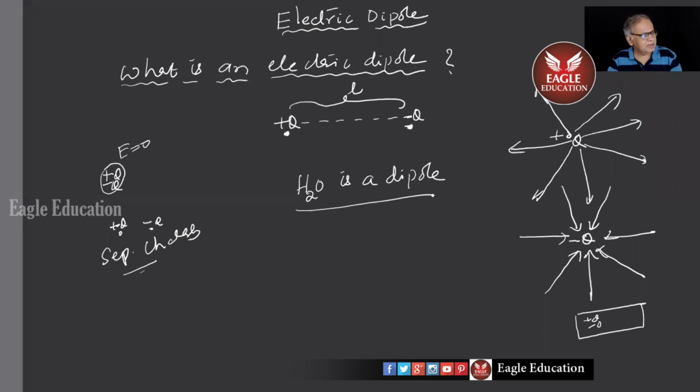Tell me again. During the electrolysis of water, why should charges are separated. You mean to say if I have a glass of water, that H2O is not a dipole?